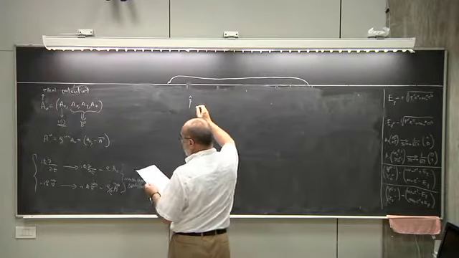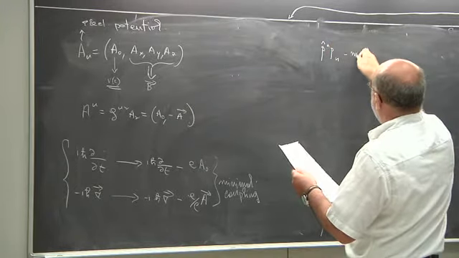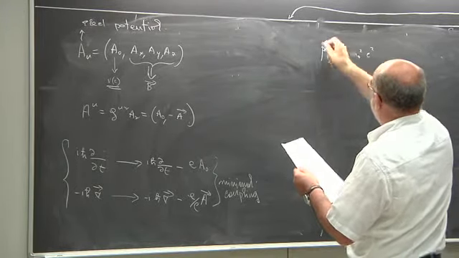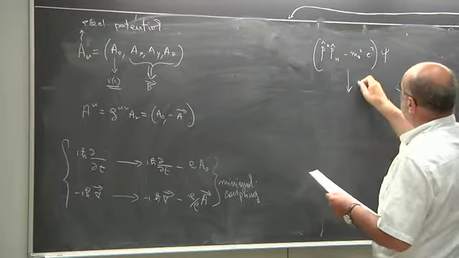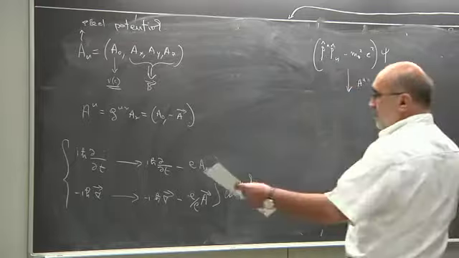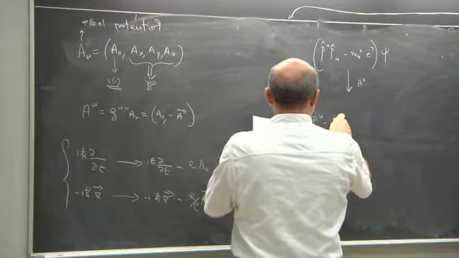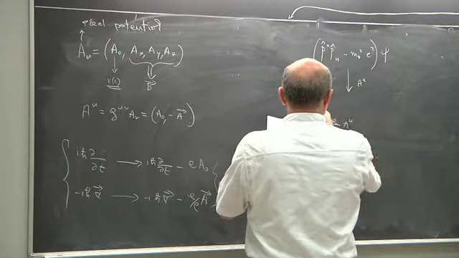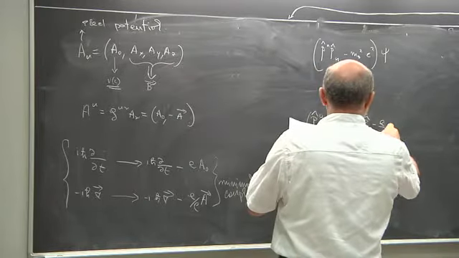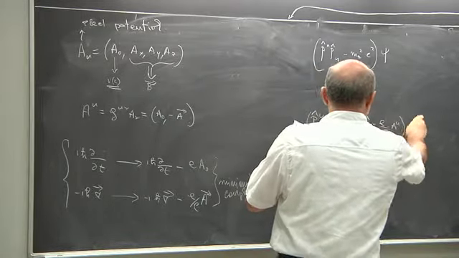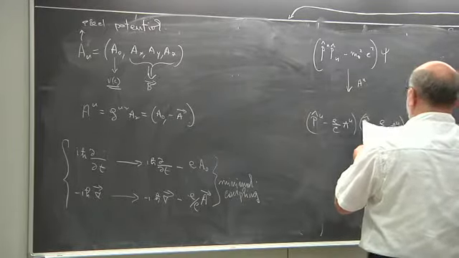Well, the Klein-Gordon equation basically is (P mu P mu minus M0 square C square) psi equals 0. Now, if I turn on an electromagnetic interaction, then I have to do the minimal coupling replacement, and that means (P mu minus (e/c)A mu)(P mu minus (e/c)A mu) psi equals M0 square C square psi.